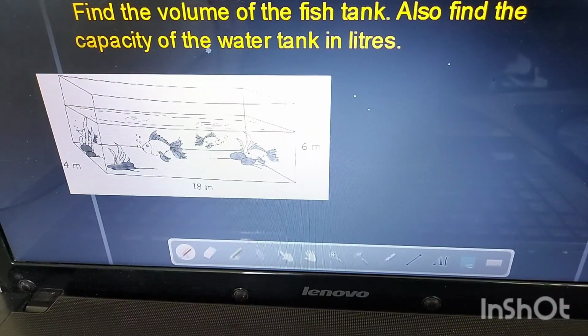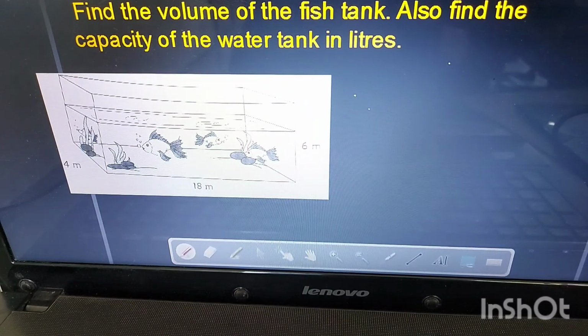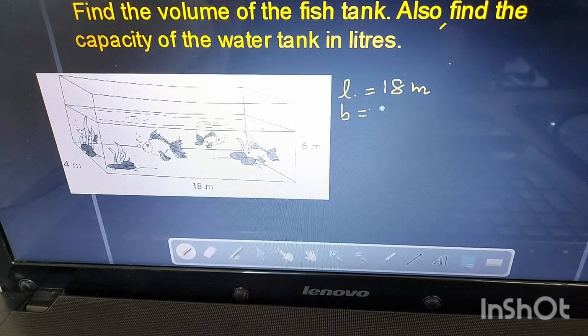Now read this question. Find the volume of the fish tank and also find the capacity of the water tank in liters. Fine. You can see the dimensions given as: length is given as 18 meter, breadth is given as 4 meter, and height is given as 6 meters.